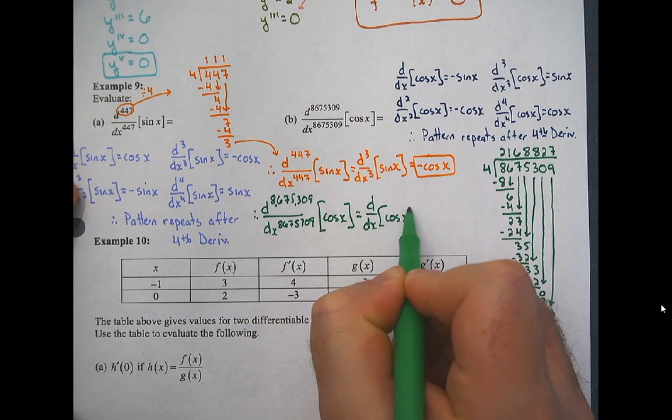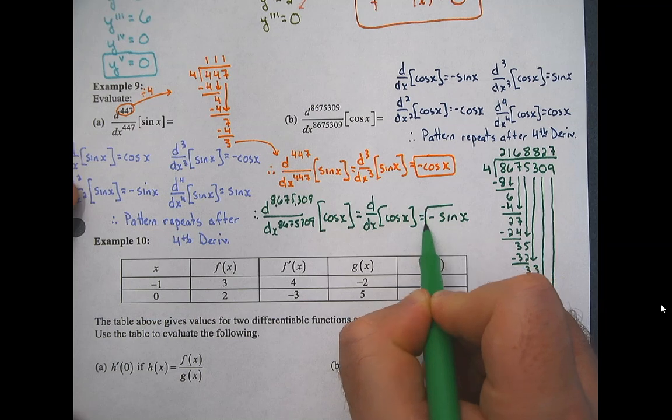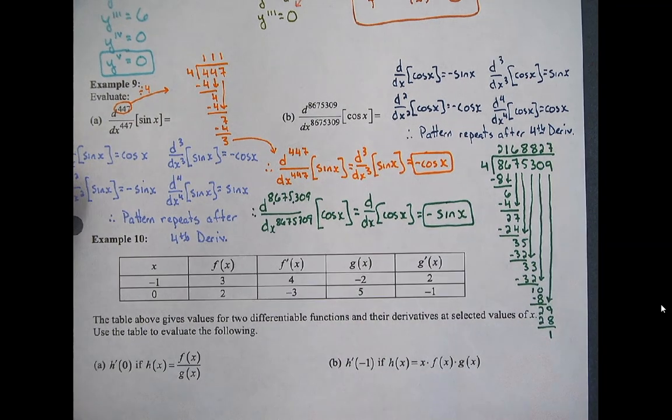And the first derivative of cosine is negative sine. Like I said, not a hugely important example, but kind of an interesting one.